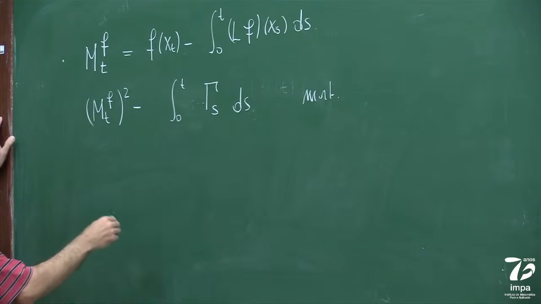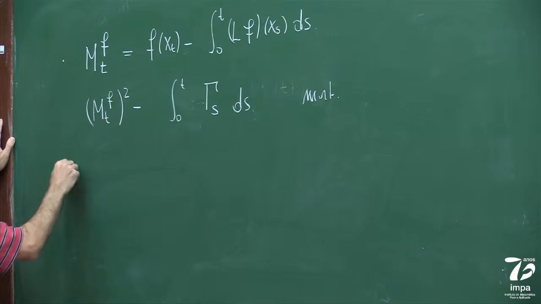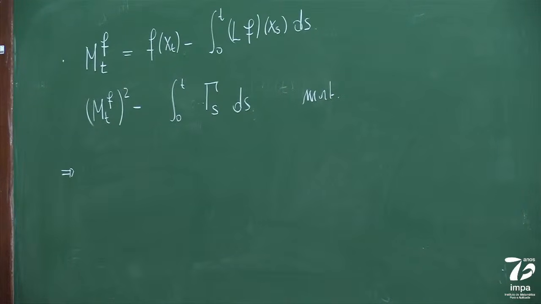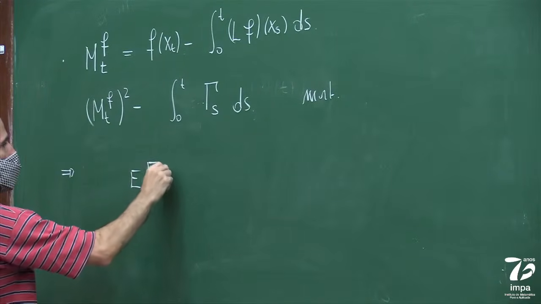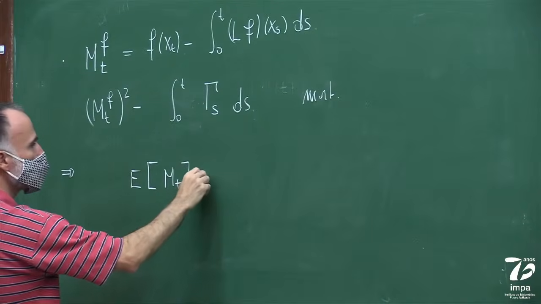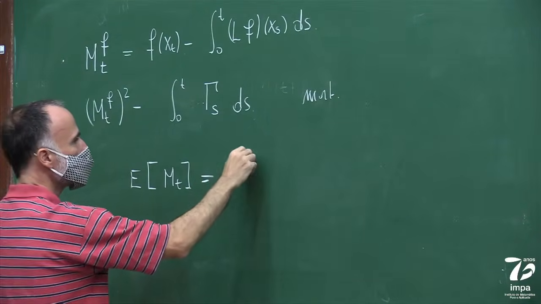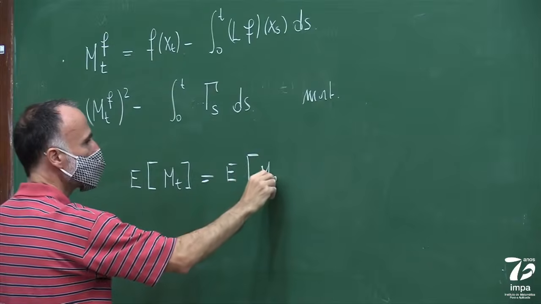If this is a martingale, I know that martingales have constant expectation, right? If you have a martingale, the expectation at time t is equal to the expectation at time 0.